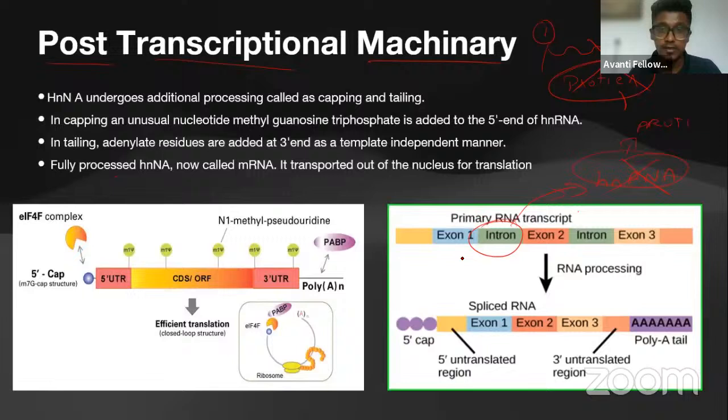That is why you need to remove these introns and stitch all these exons together. Okay. So when you stitch all these exons together, your RNA transcript becomes continuously reading. You can see that the RNA becomes continuously exon. So all these exons together will form one proper functional mRNA. Did you understand, guys?